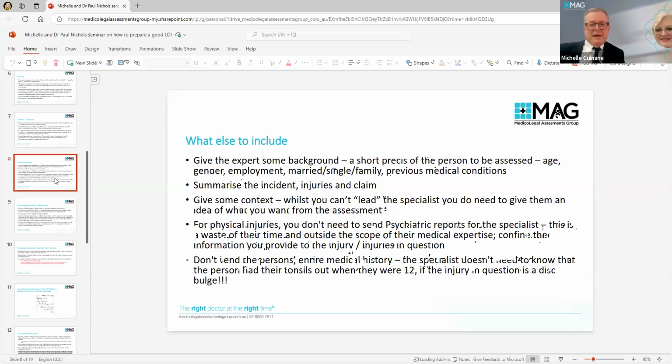Yeah, absolutely. Don't send the person's entire medical history, only what's relevant to the case. I don't, as a dentist, for instance, I don't know they broke their foot 16 years ago.